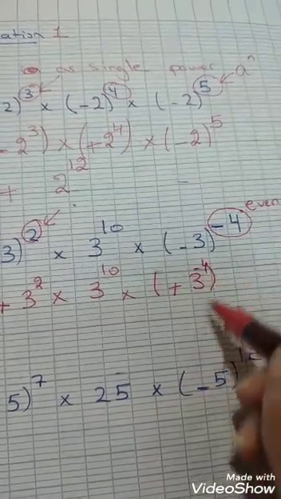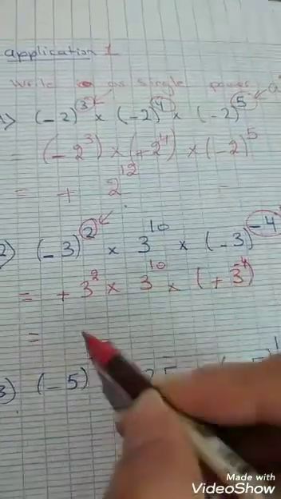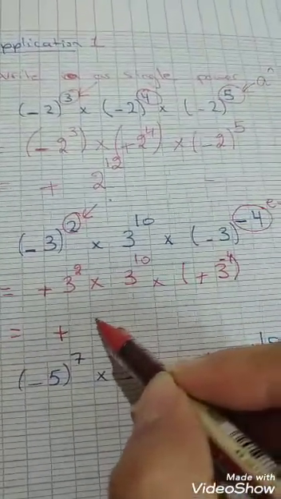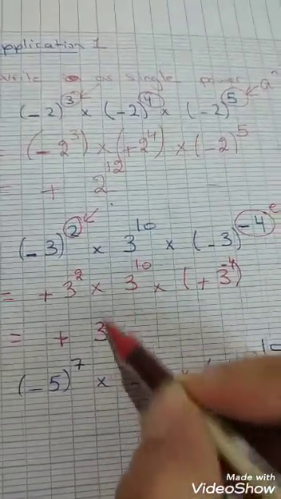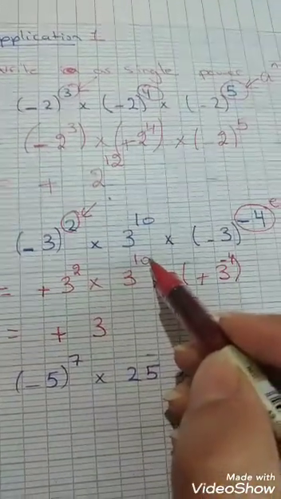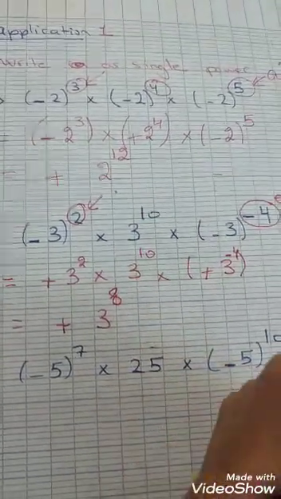Plus 3 to the exponent minus 4. So plus times plus times plus means the sign is positive. Now I want to add the exponents. So I have times. I put the base and add the exponents: 2 plus 10 is 12, 12 minus 4 means plus 8.